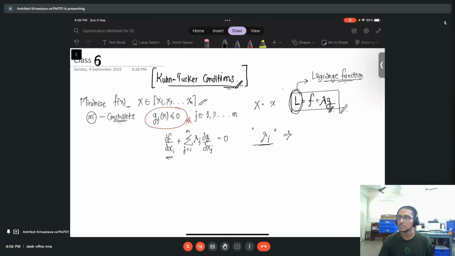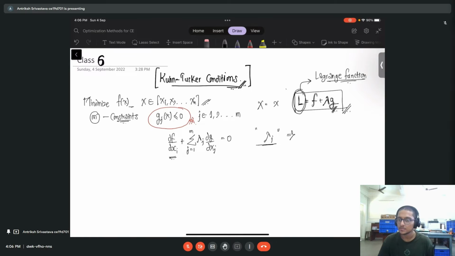Is that correct? So we called them Lagrange functions, and these were Lagrange multipliers. So they are the same in inequality also.